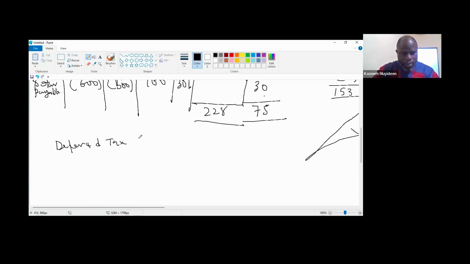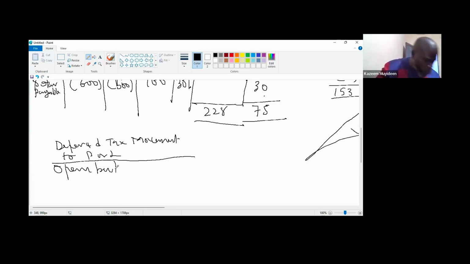The deferred tax movement to P or L now. What is the opening balance? 272. And the closing balance is 153.